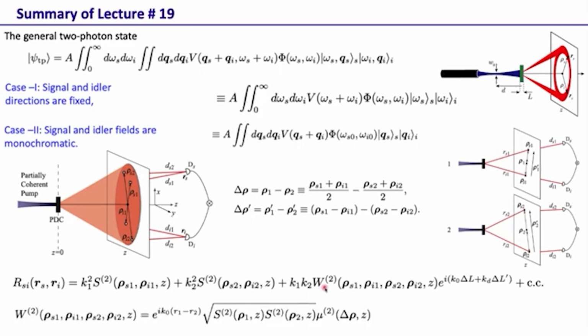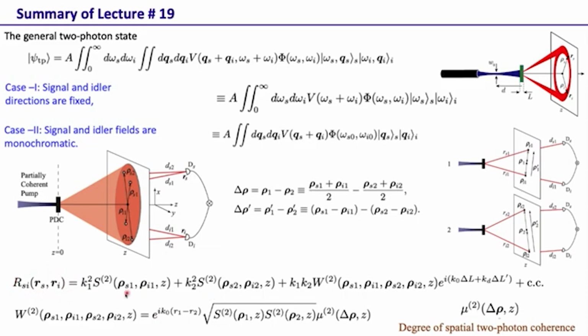This quantity W2 we call the two photon cross spectral density, and S2 of rho S1, rho I1 we call the two photon spectral density in alternative 1, and this is the two photon spectral density in alternative 2. And this mu2 that shows up here we define as the degree of spatial two photon coherence.